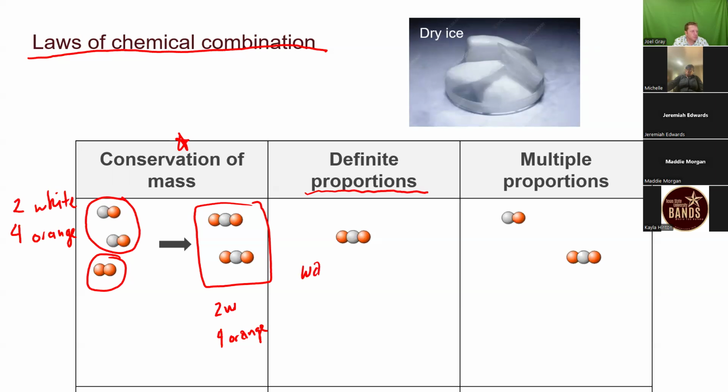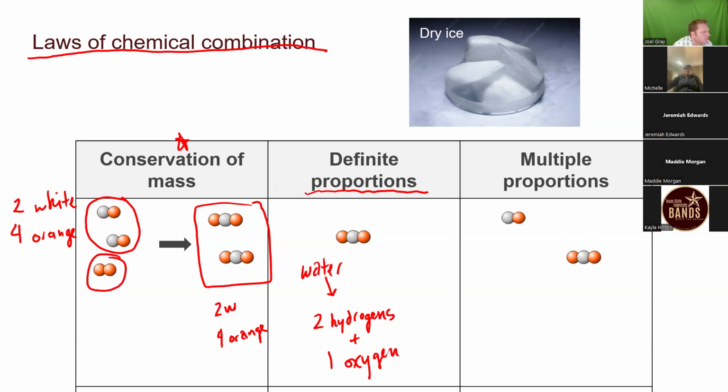Water. Water has a definition. Water is 2 hydrogens and 1 oxygen.